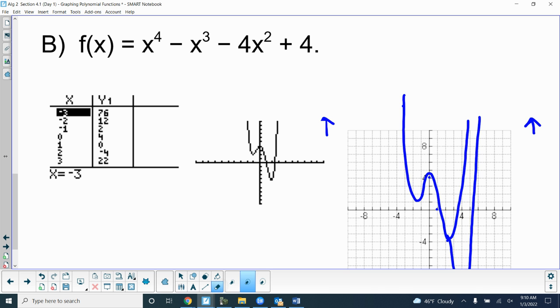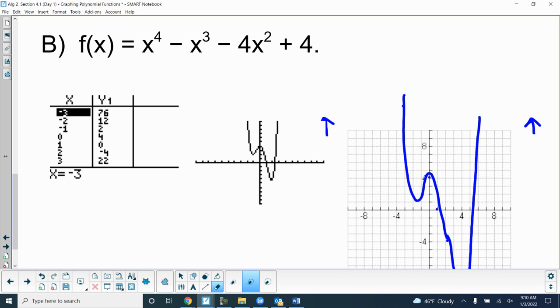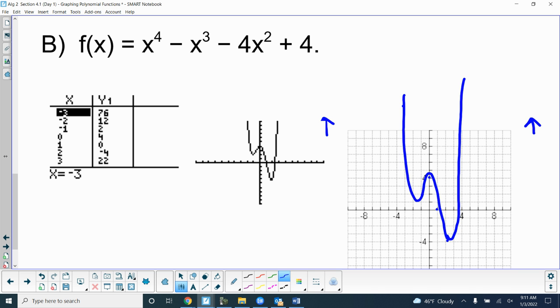Sorry. So you kind of get an idea. Maybe you want to see what it does at 4 and 5, maybe. Oh, at 3 it's at 22, isn't it? Not -22. My bad. I had it right the first time. Sorry. And just like we thought, both ends going up.